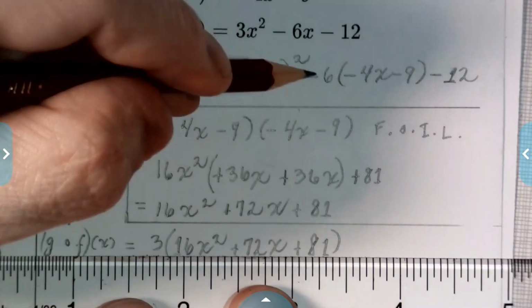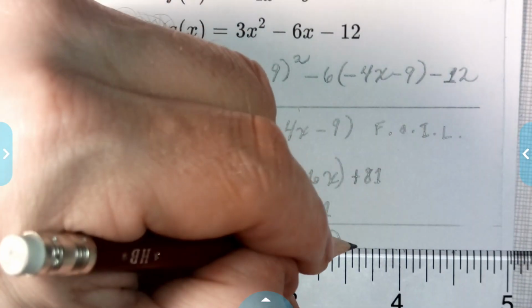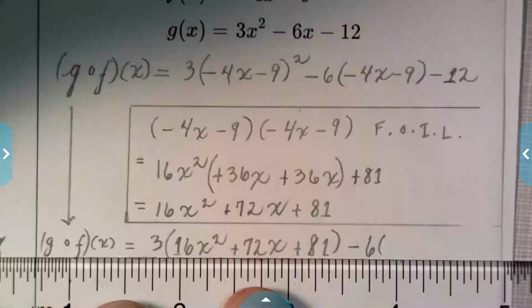We already squared it, so now minus 6, open parentheses, negative 4x minus 9. Minus 12.